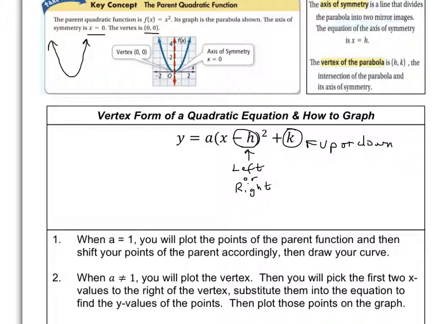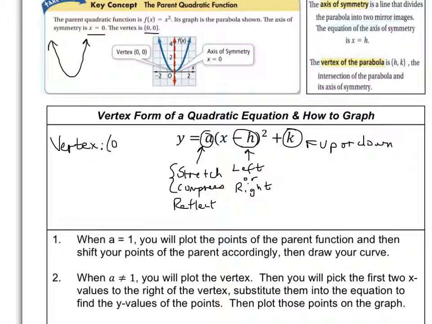Again, remember, it's always the opposite. So if it's negative, it's going to be right. If it's positive, it's going to be left. And a tells us whether we have a stretch or a compression, and it's also going to tell us whether we reflect it or not, whether we flip it as well.